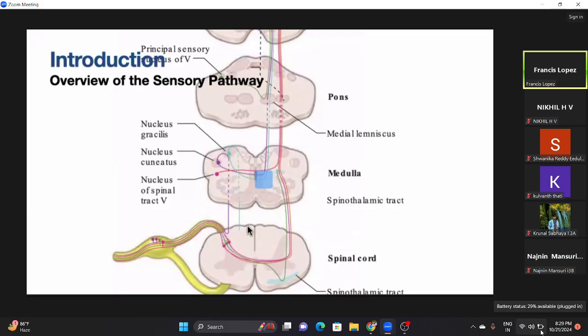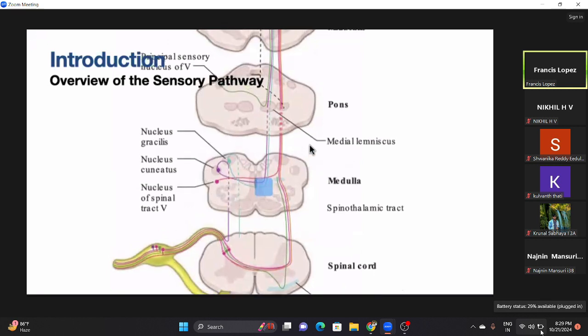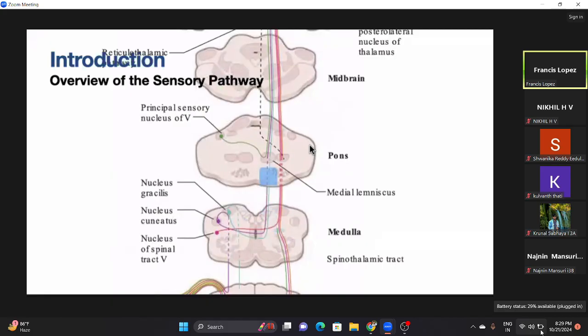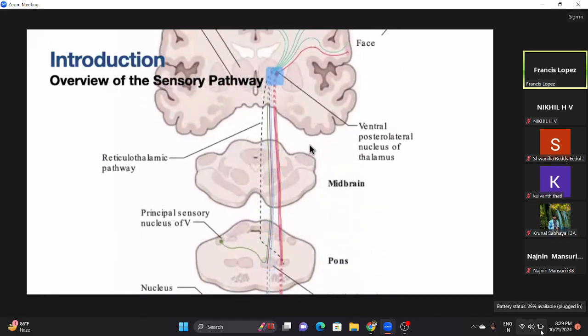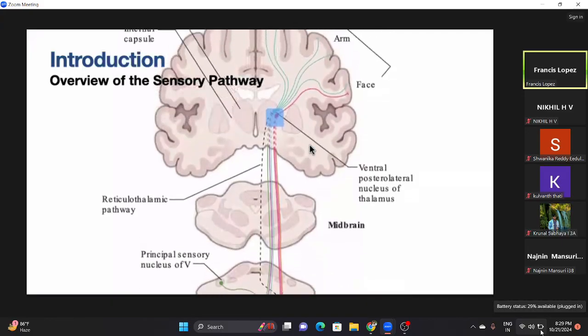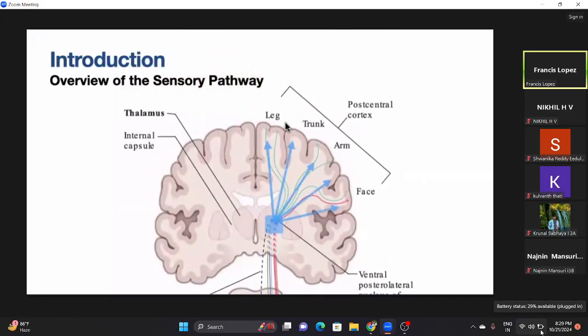And this decussation is known as the arcuate pathway. Okay, and then they ascend again into the brainstem, into the pons, into the midbrain, going again to the thalamus. Okay, and in the thalamus, they also go to the somatotopic organization of the primary somatosensory cortex.